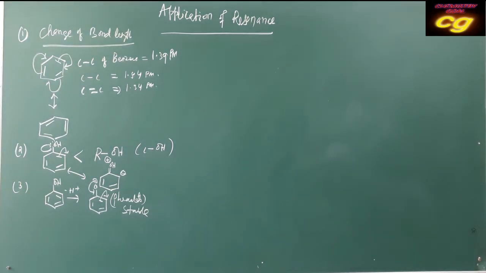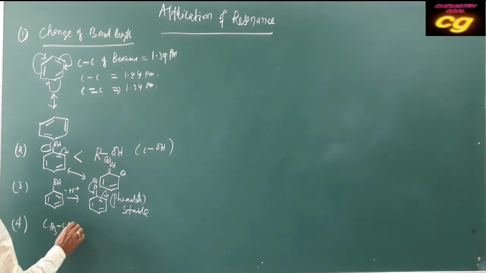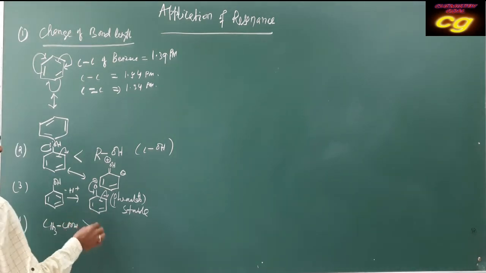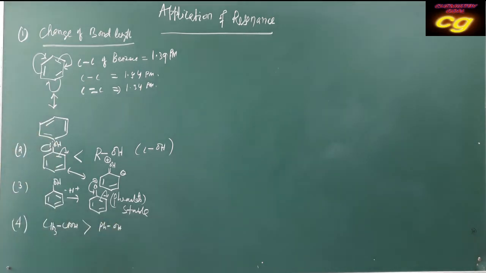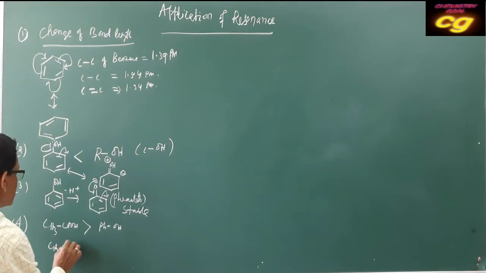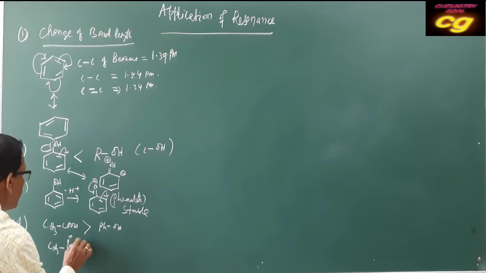But if you compare phenol with a carboxylic acid, which is more acidic? A carboxylic acid, such as CH3COOH, is more acidic than phenol, C6H5OH. Why?